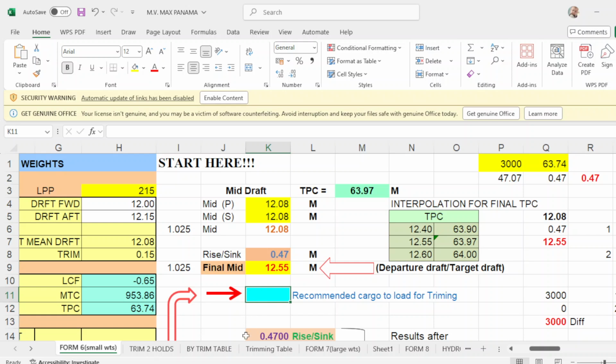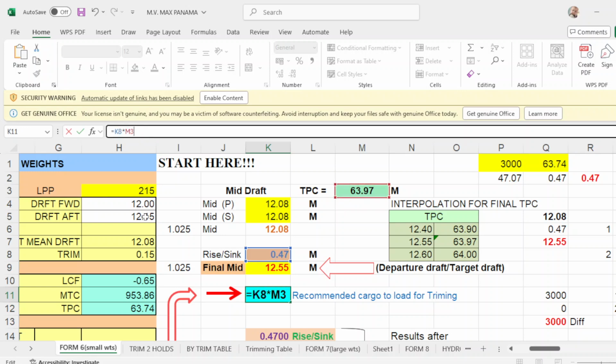You put equals, then click the sinkage, row 8 and column K, that is K8. Then multiply by your TPC, which is column M, row 3, that is M3.